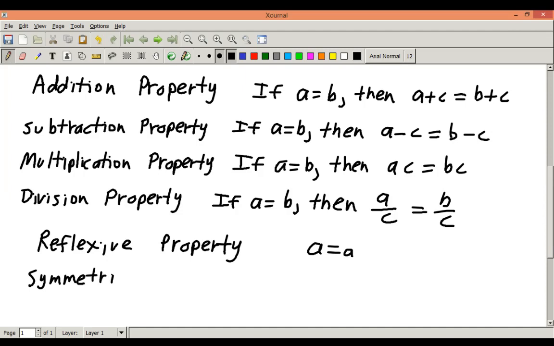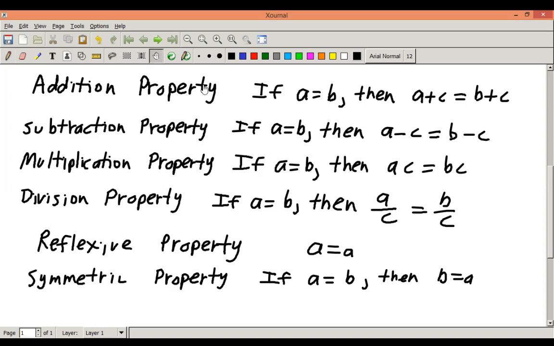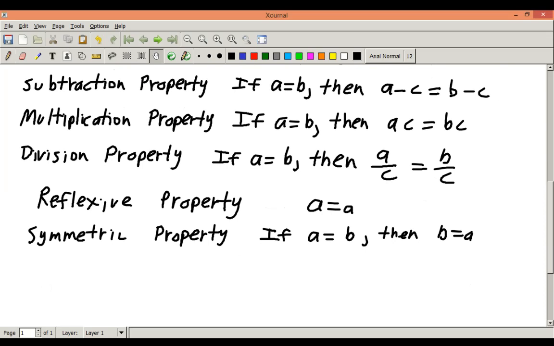And we have the symmetric property. That says if A is equal to B, then B is equal to A. So in other words, you can just switch the sides of the equal sign of the two numbers or variables or whatever you have, and it's still true.